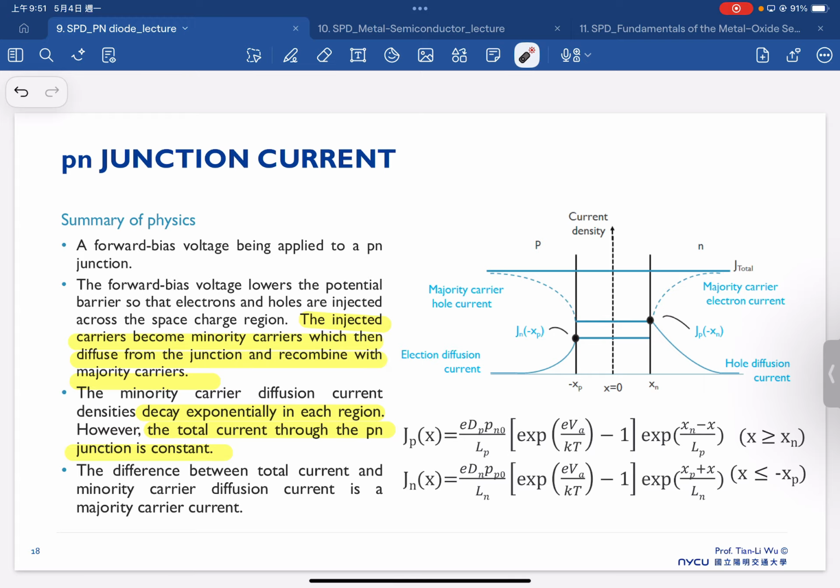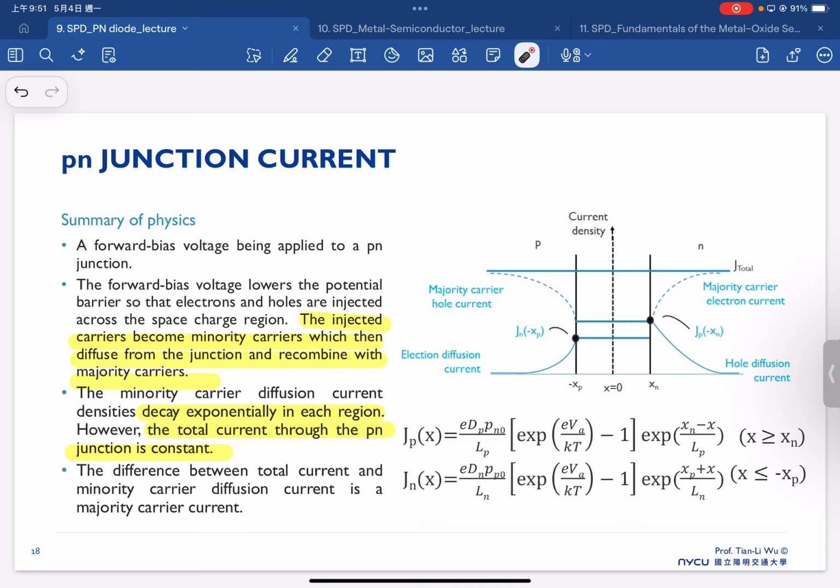And so because we have a minority carrier current here, the majority carrier current will be the total current just minus this one. So in the end we can also get the majority carrier current.